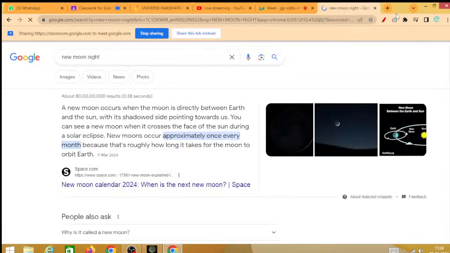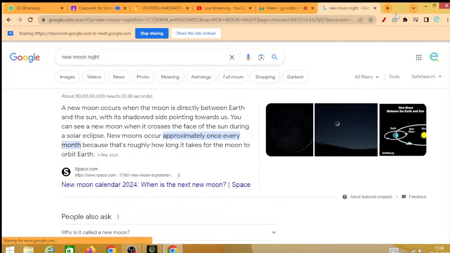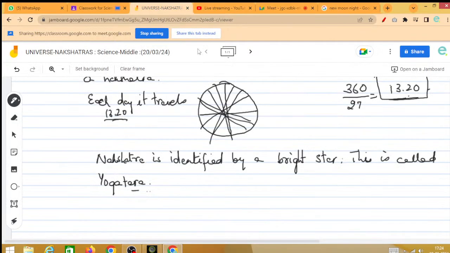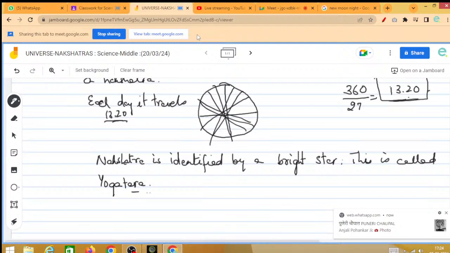It is not visible to us. When we cannot see the moon, what do we call it in our language? Amavasya. Amavasya.